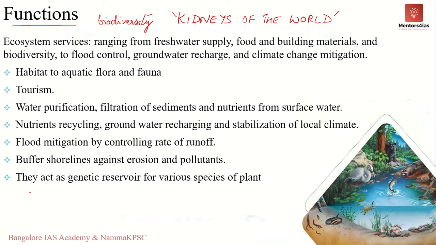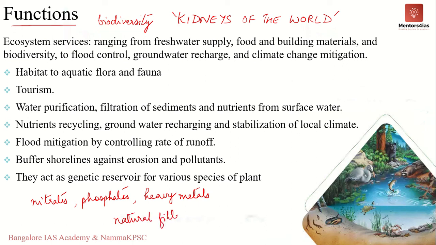Such waters, if pumped into wetlands, can have these nutrients and heavy metals removed by water hyacinths and weeds present in wetlands. Therefore, these wetlands act as a natural filtering system, thereby purifying water.